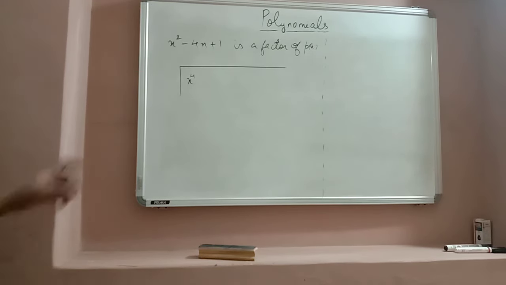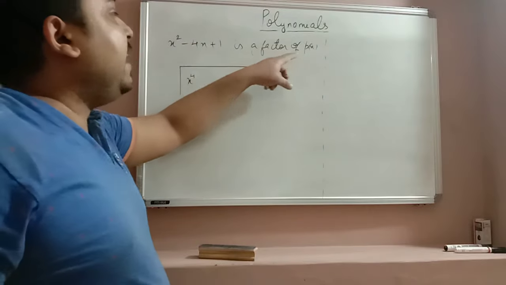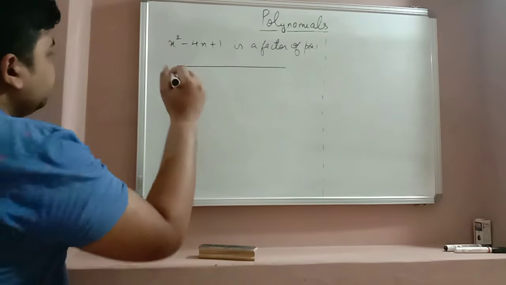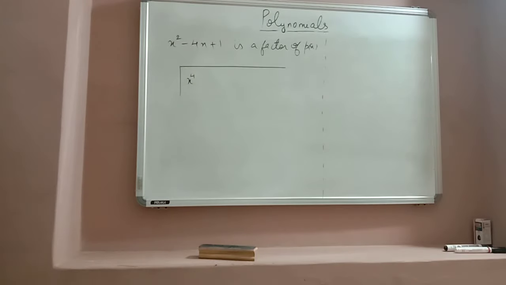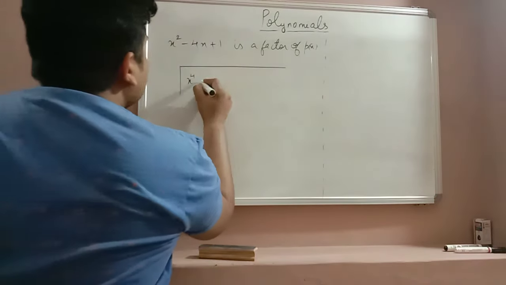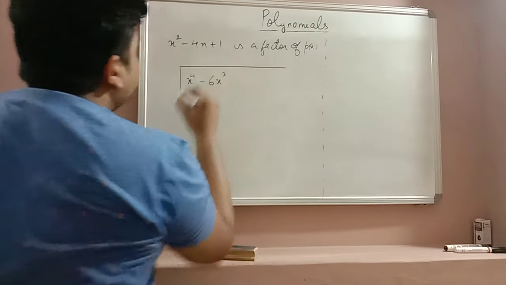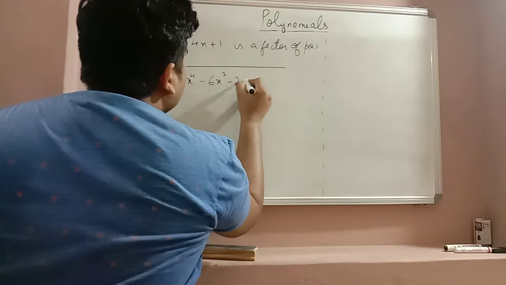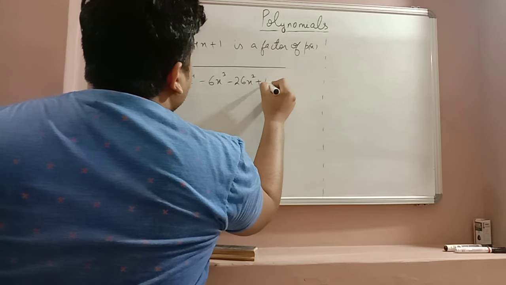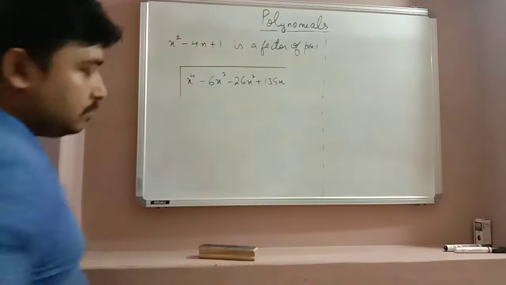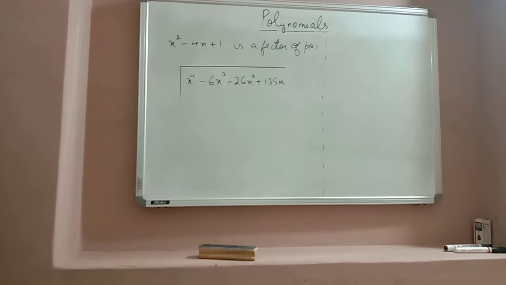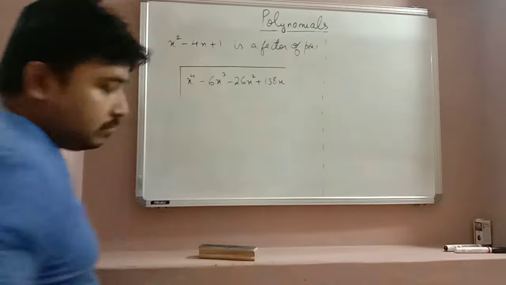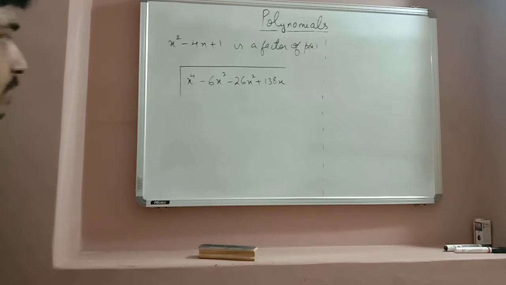Okay, so we got x square minus 4x plus 1 as a factor of p of x. So I'll divide p of x by x square minus 4x plus 1. Our polynomial p of x was x to the power 4 minus 6x cubed minus 26x square plus 138x minus 35.